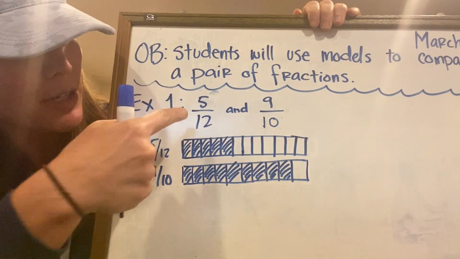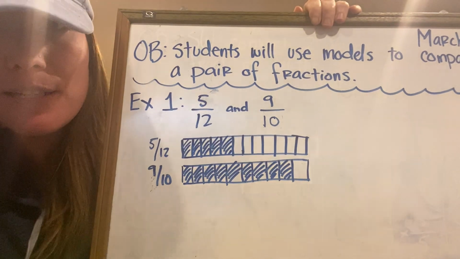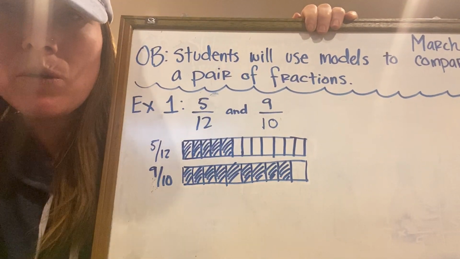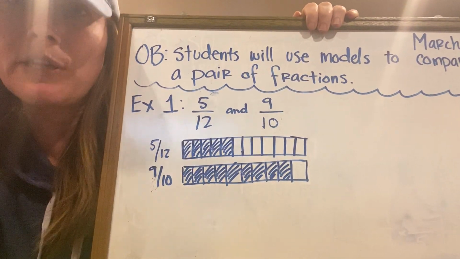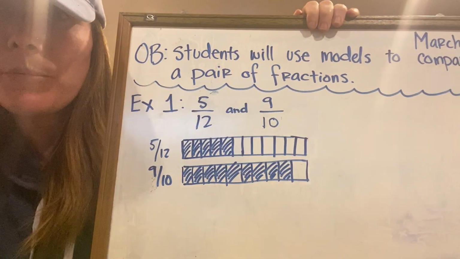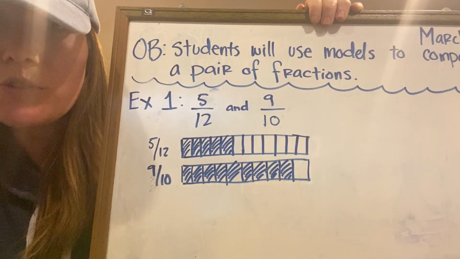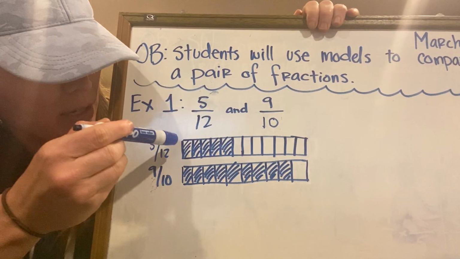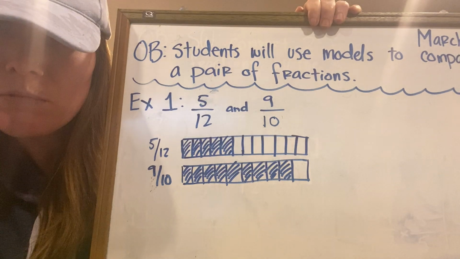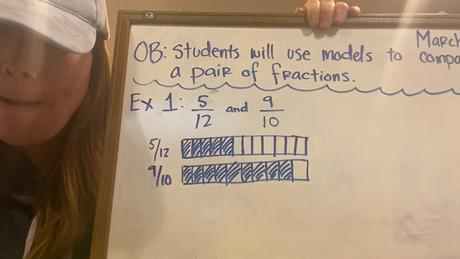So if I rewrite these fractions, 5/12 and 9/10, down here with a circle to put in either less than, greater than, or equal to, I'm going to give you a minute to think about it. Which fraction is greater? Is this fraction greater, 5/12, or is this fraction greater, 9/10?